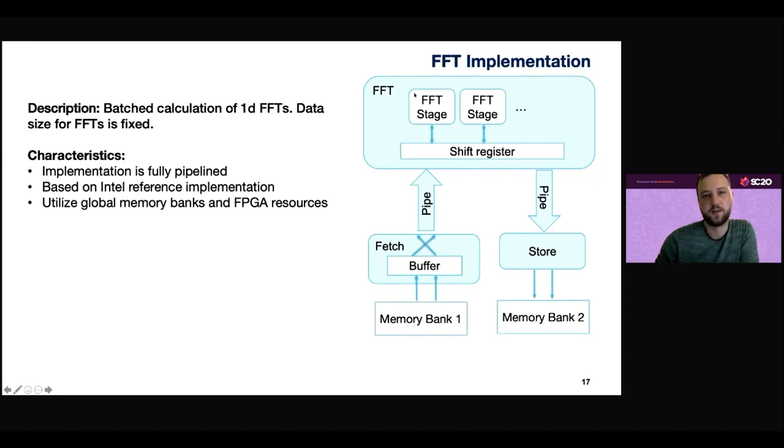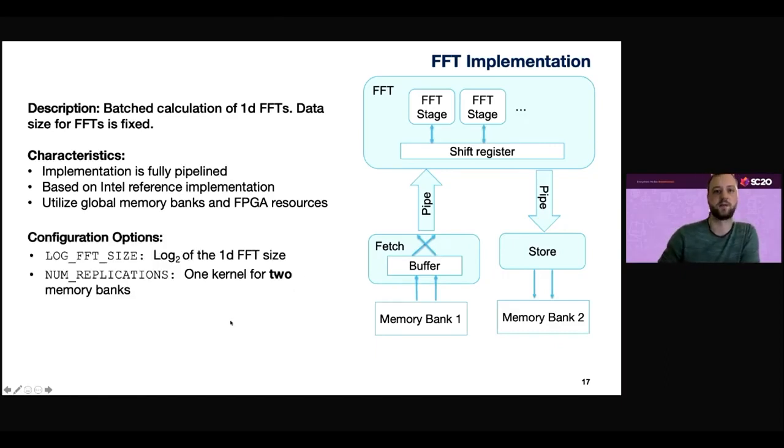In the FFT kernel, the FFT stages will actually be unrolled. So the bigger we choose an FFT, the more DSPs will be used, and the more calculations will be done in parallel. As configuration options, we have the FFT size and also the number of kernel replications.